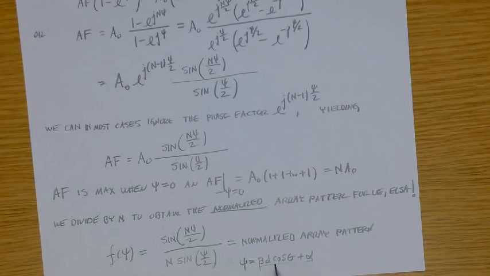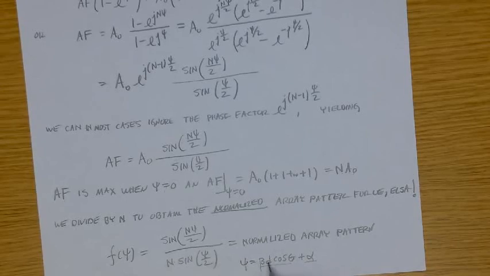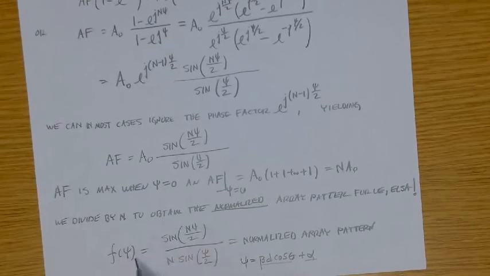This is the spatial phase shift. This is the electric phase shift. Depending on our spacing in wavelengths, that's the only thing that's going to matter, the electrical spacing between elements, and the electric phase shift, psi is going to have a different value. And so consequently, our pattern is going to have a different value.